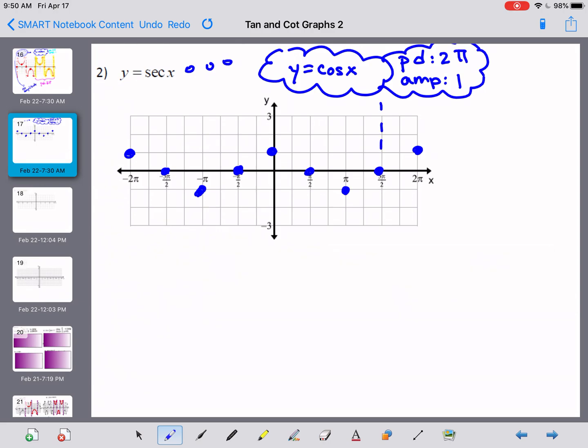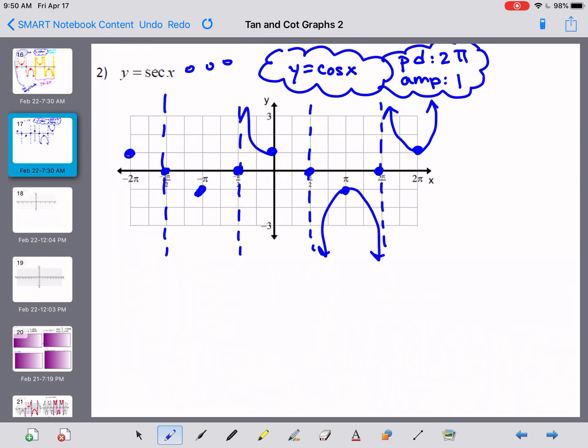Every x-intercept becomes an asymptote. It's the same process. And then all these max and min points become the vertices of a parabola that opens away from the x-axis. And that's secant.